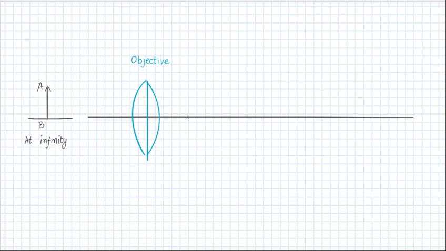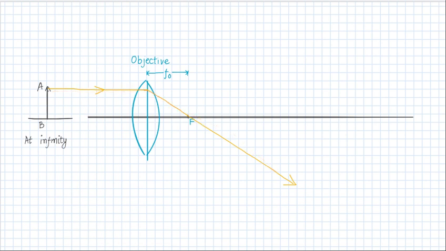If this is the focus, then this distance will be f suffix o. This is the focal length of the objective. Now, the ray which starts from the object and moves parallel to the principal axis, after refraction passes through the focus. Let me draw this ray first. So this is your first ray.